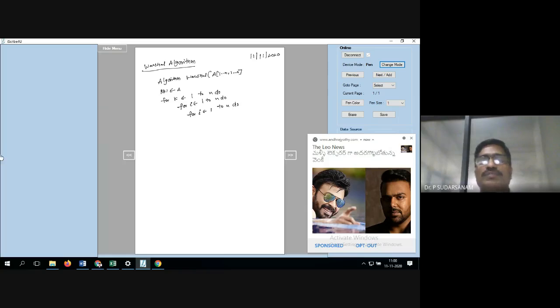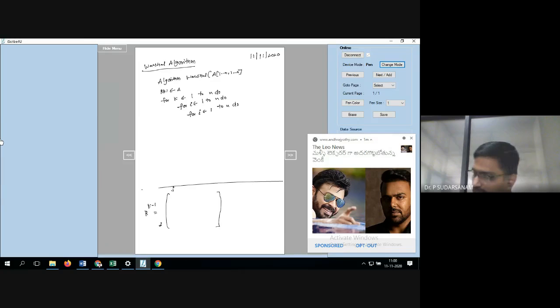Right. So before writing this, I'll do some rough work here. Just see how to write it. Suppose you have the matrix R of k minus 1 is equal to, you have the matrix. This is called the i location, and this is nothing but the j location.